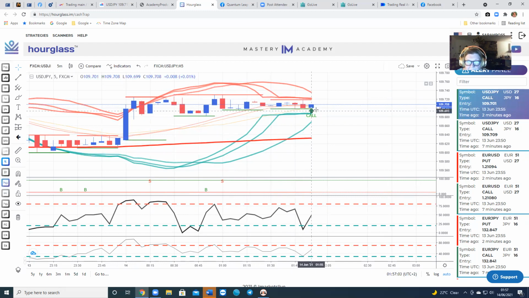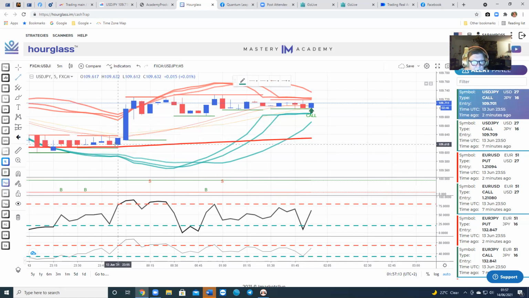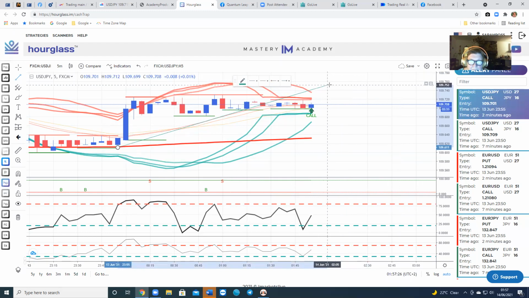So the market at the moment is in consolidation. It's not trending, although if you look at the currency strength meter, then what we could do is draw a line from here to here, and if you get more than one touch point, it's broken it there, and it's broken it here.